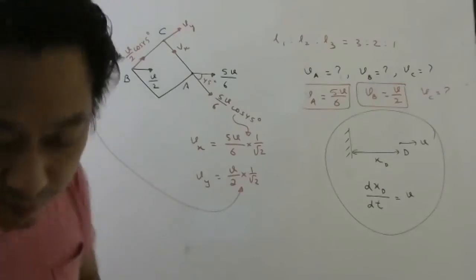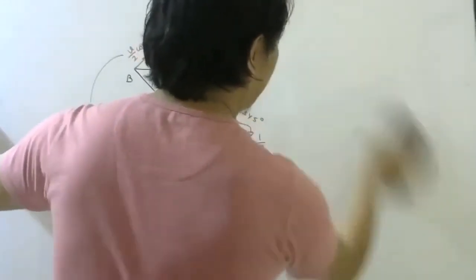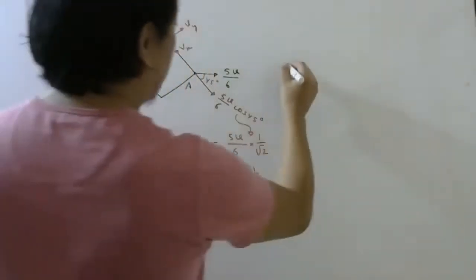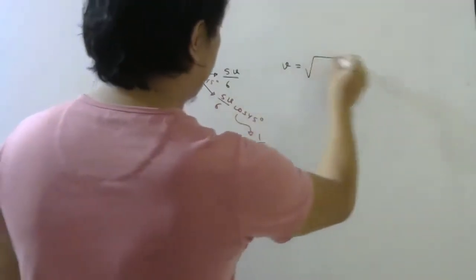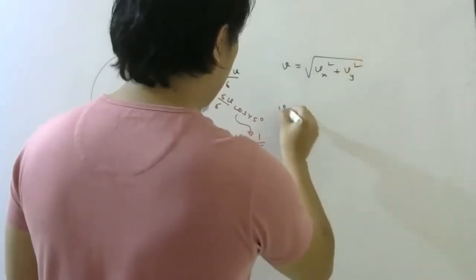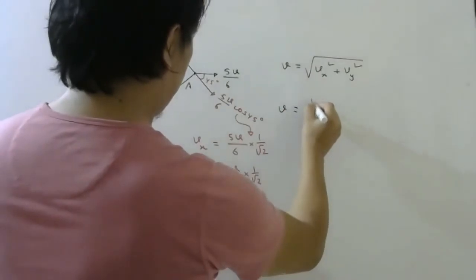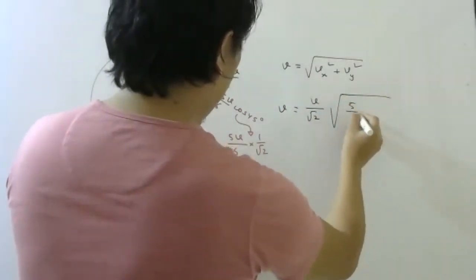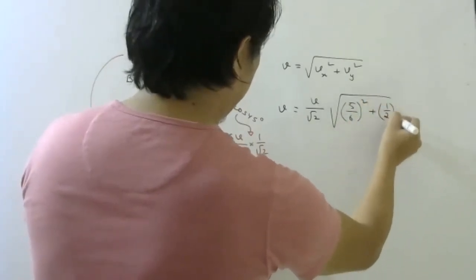Then to find the net velocity of C, I should take the root over Vx square plus Vy square. Take the common factor outside, so V by root 2 is common. So root of 5 by 6 square plus 1 by 2 square.